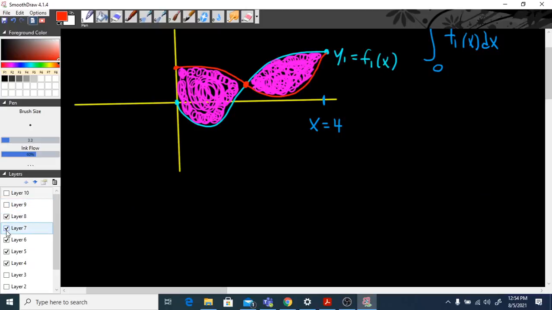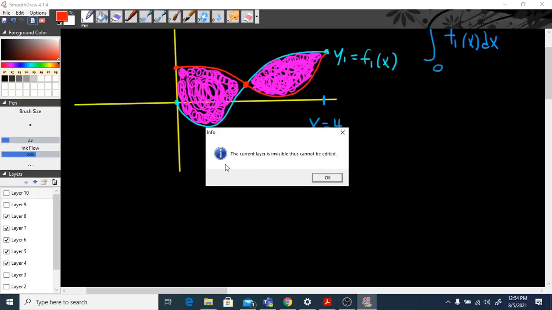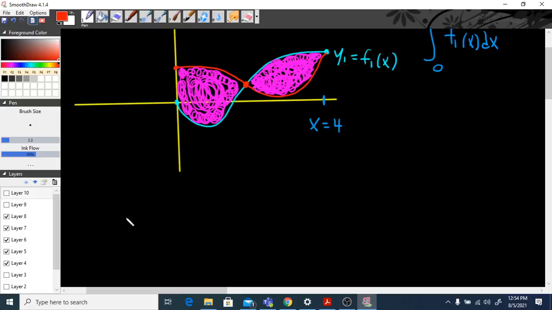Okay? So finally, everybody, we arrive at our conclusion for area between two curves. So what we're going to do is integrate, and it's basically top minus bottom.